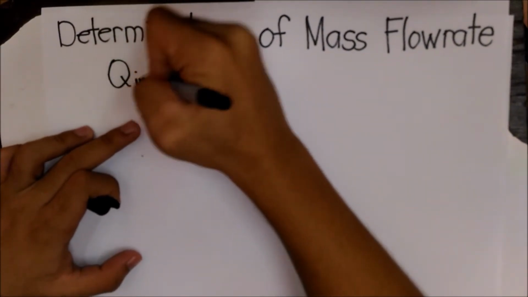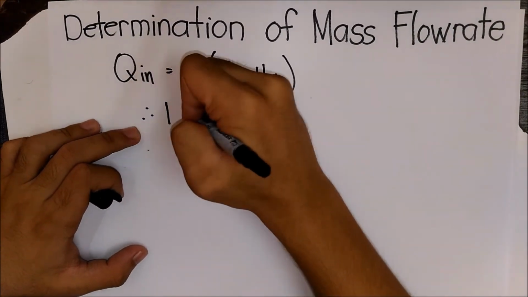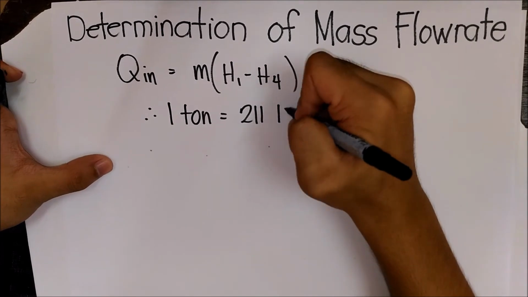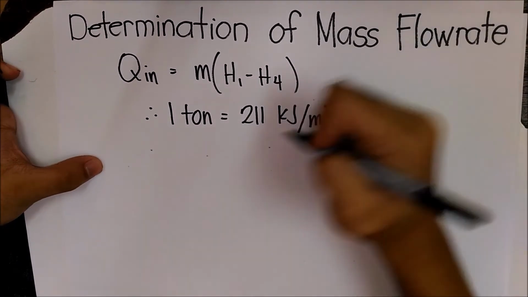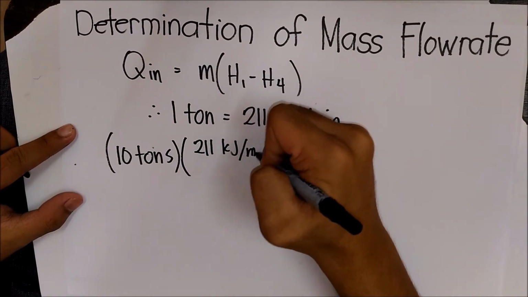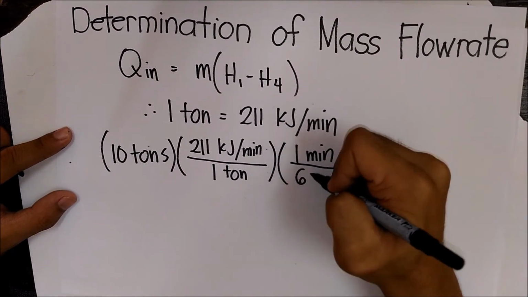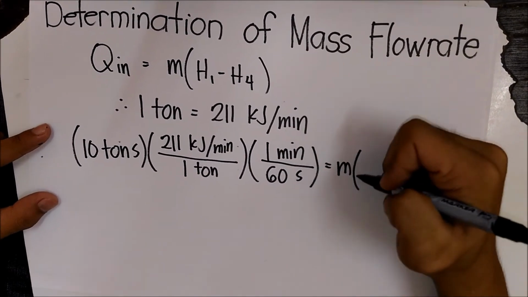Next is the calculation of mass flow rate, where the conversion of 1 ton is equal to 211 kilojoule per minute, where the refrigeration capacity is equal to the mass flow rate of the refrigerant times the quantity enthalpy at state 1 minus enthalpy at state 4.